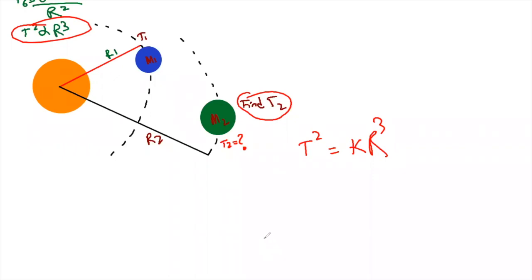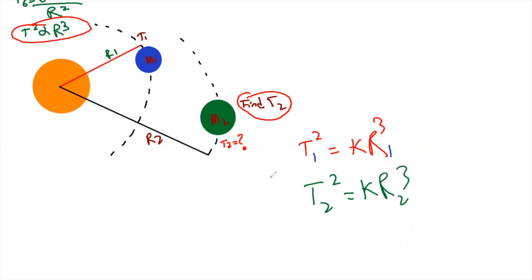From physics and math, if you have this relation, you can create a relation between R1, T1, R2, and T2. This relation is for T1 and R1. Now I'm going to do the same thing for R2: T2 squared is equal to K R2 cubed.